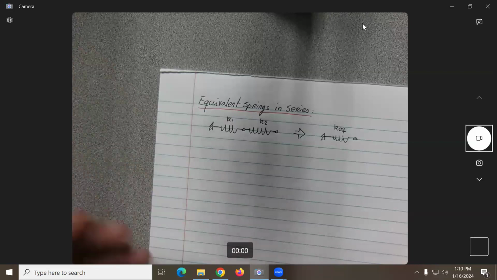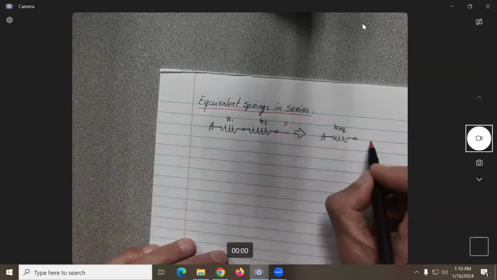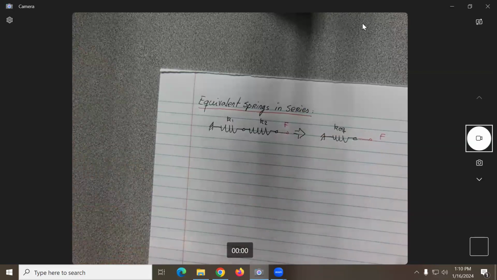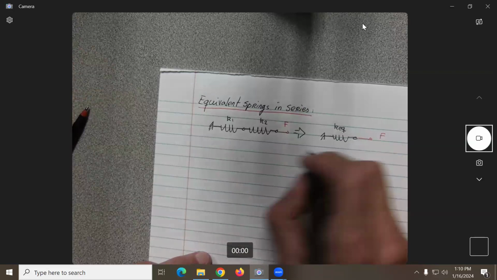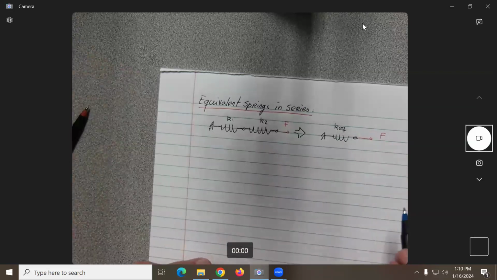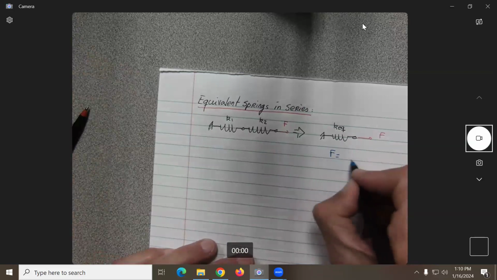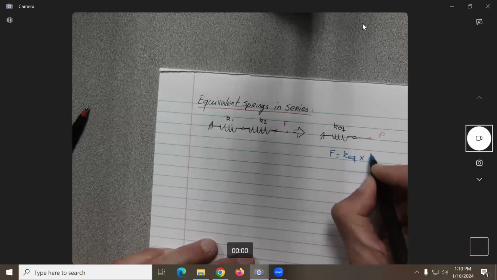Okay, so as before, if you think about it, we need to apply a force F, and basically here we know that F will be equal to K equivalent XT.